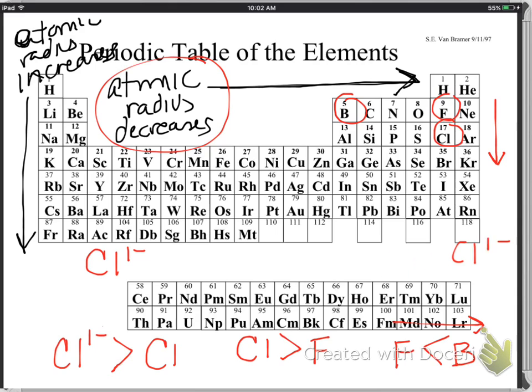The next one would be our neutral chlorine atom. And since we know that bromine is larger than fluorine, we'll put bromine next and follow it with fluorine. So Cl 1 minus, Cl, Br, and then F.